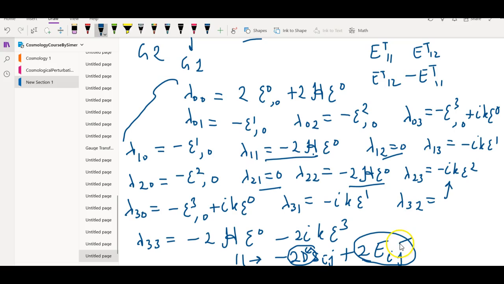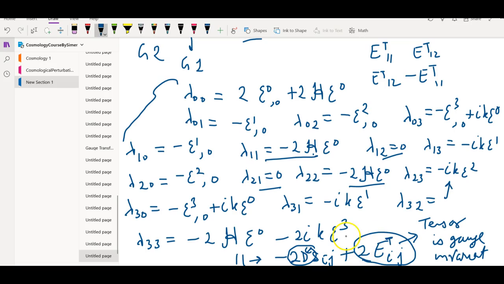So eij, the tensor component, is gauge invariant. This is etij. So etij is gauge invariant. And there is the scalar part of eij also, which is combined with the D. I forgot to write that here, but you can go back and look at the last few minutes of the lecture.